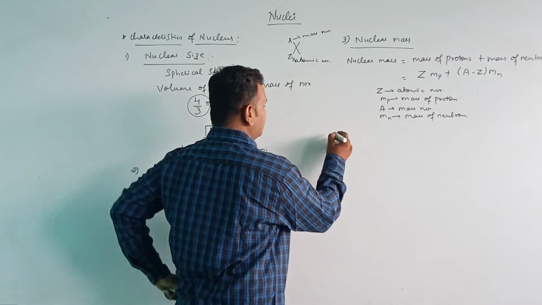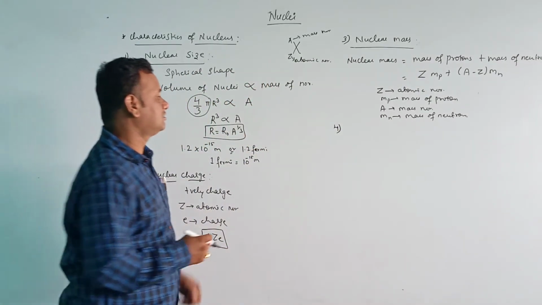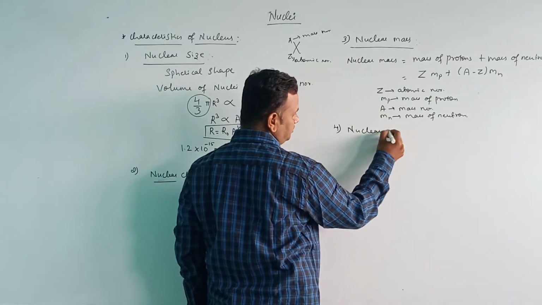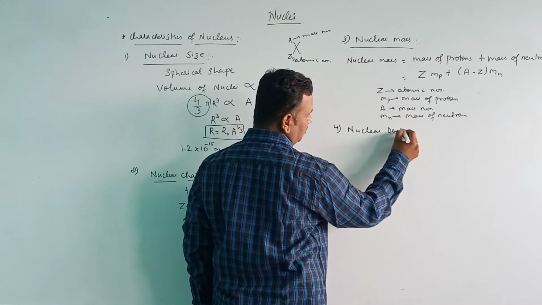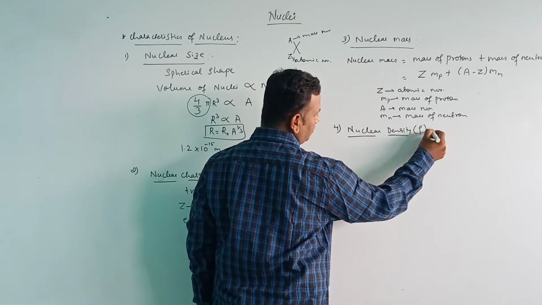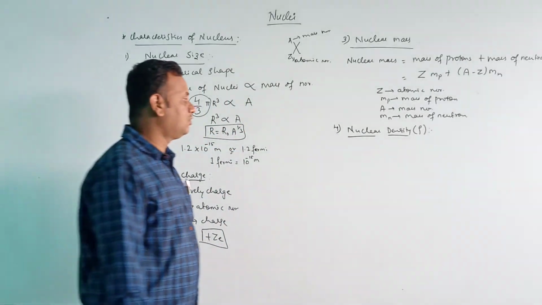Now the fourth characteristic of the nucleus is nuclear density, denoted by the symbol rho.